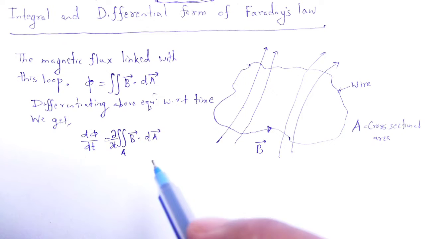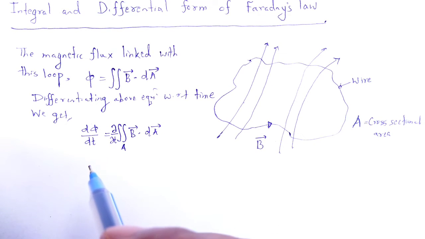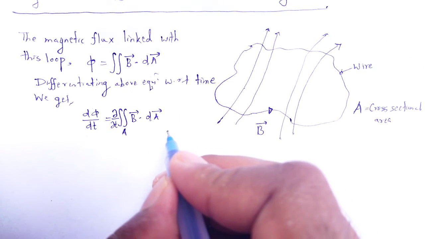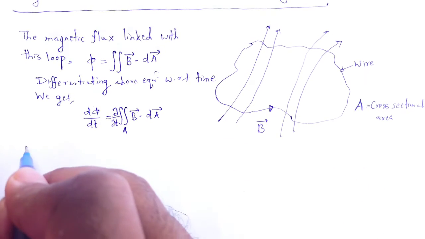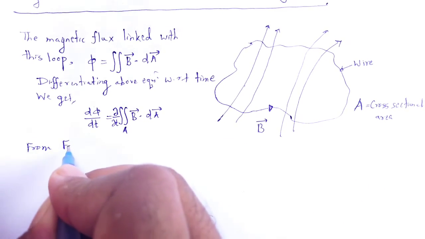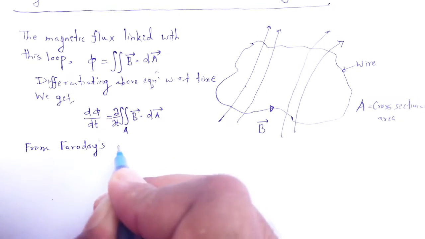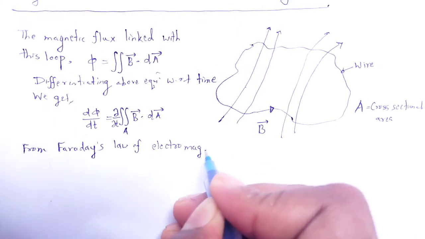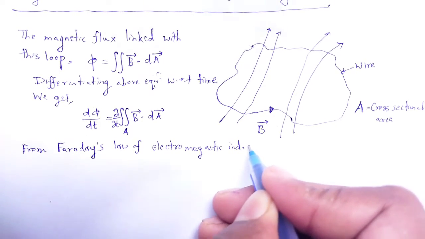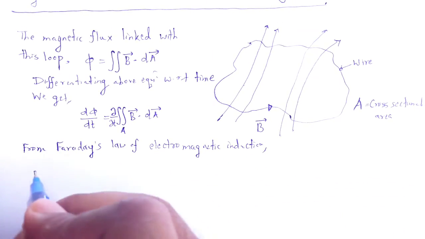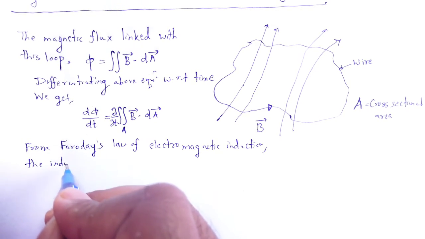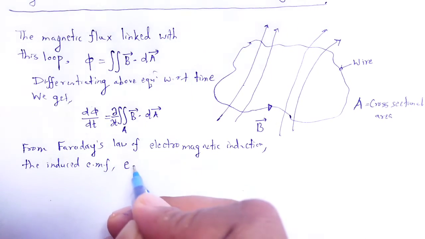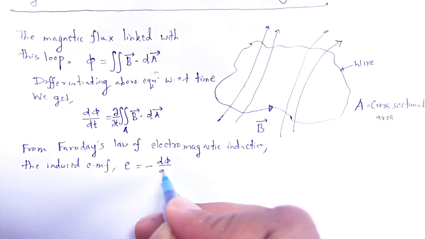Now, according to Faraday's law of electromagnetic induction, the induced EMF is equal to minus d phi by dt.